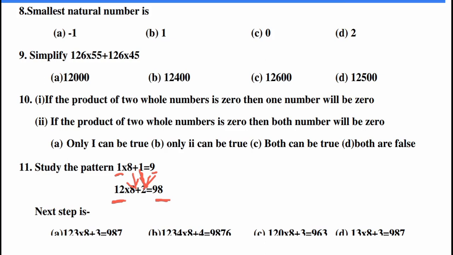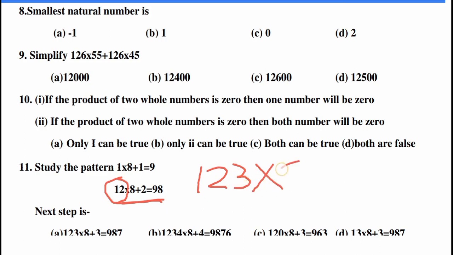So can we form the pattern? Yes, we can form the pattern of 3 digits, 4 digits, 5 digits, and so on. And what is the next step? Here after this step, what can be the next step? So here we will write 3 digits.